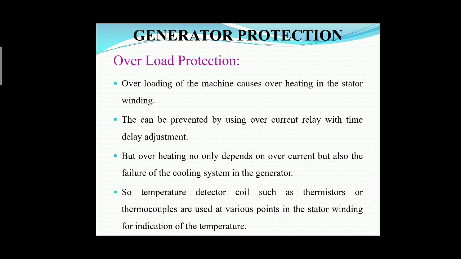Next one is the overload protection. Due to overloads, more heat energy will be developed. That heat energy is detected using the overload protection, with temperature detector coils such as thermistors or thermocouples.